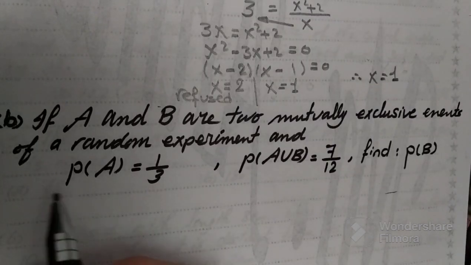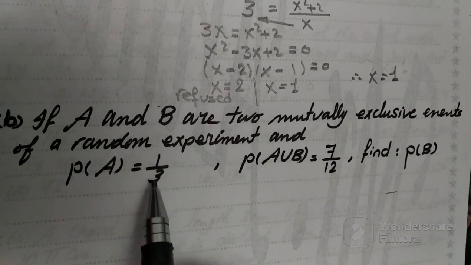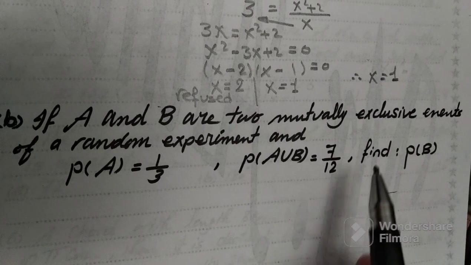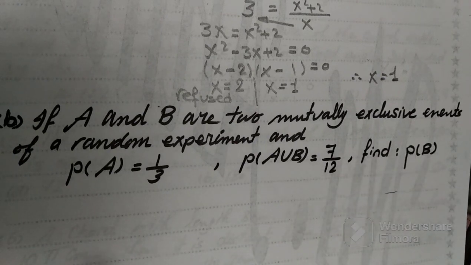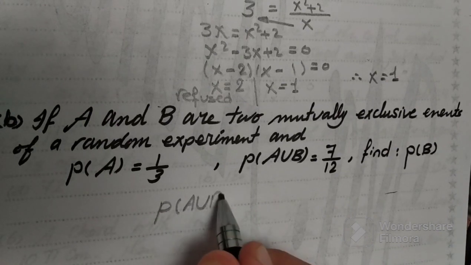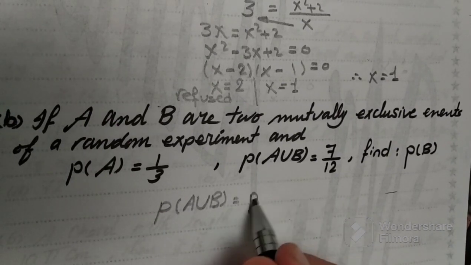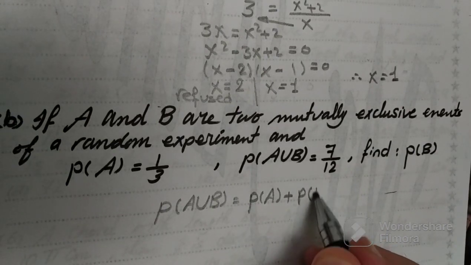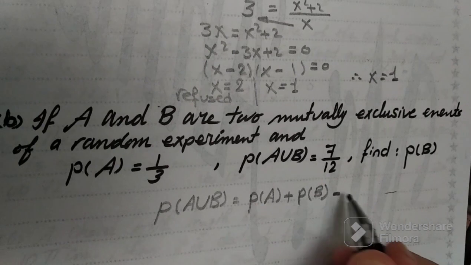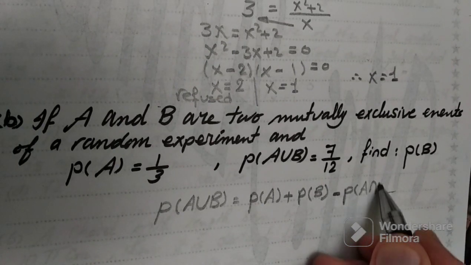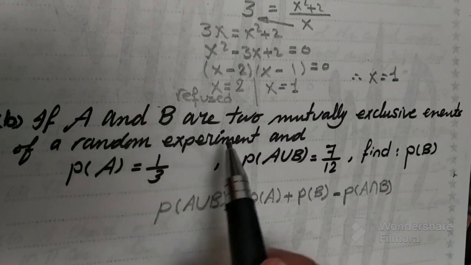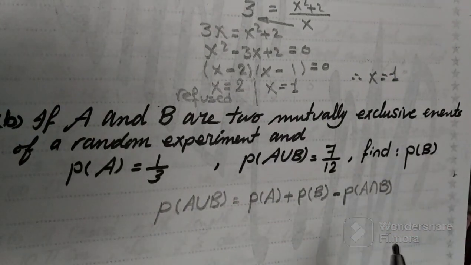The last question. Probability of A equals 1 over 3. Probability of A union B equals 7 over 12. Find probability of B. Probability of A union B equals probability of A plus probability of B minus probability of A intersect B. He said A and B are two mutually exclusive events.